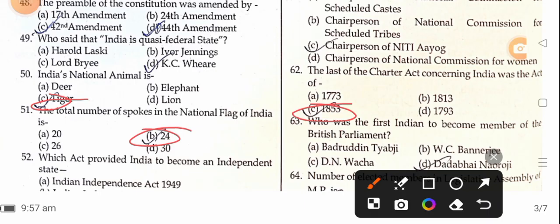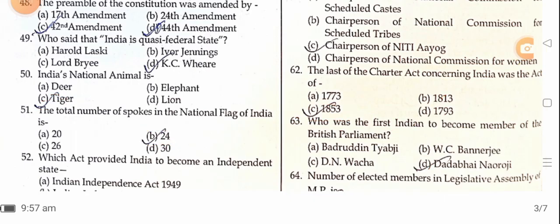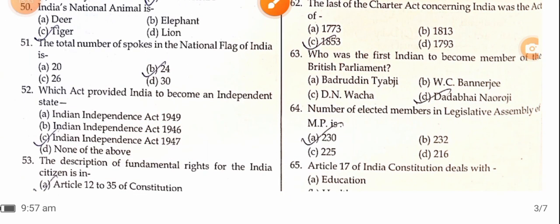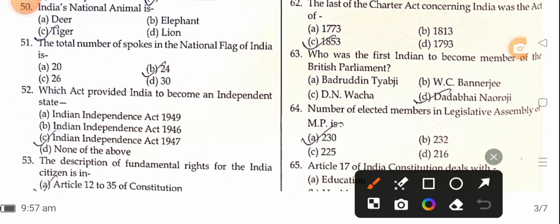Who was the first Indian to become a member of the British Parliament? Dadabhai Naoroji, it is a very easy question. Which act provided for India to become an independent state? The Indian Independence Act 1947.